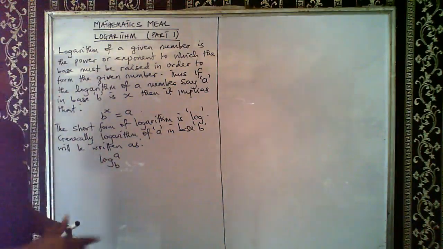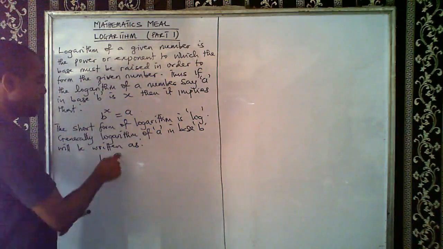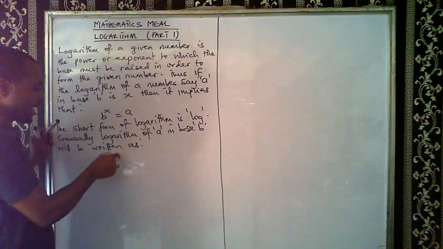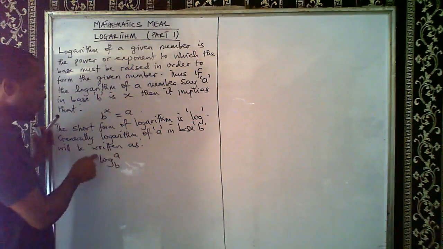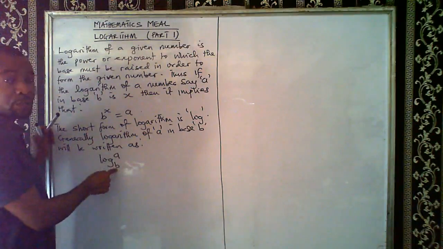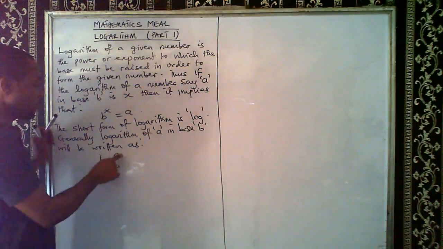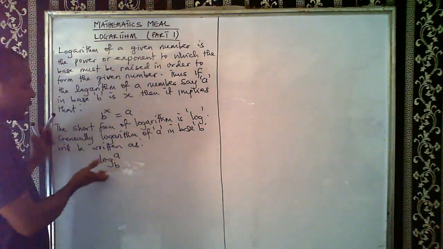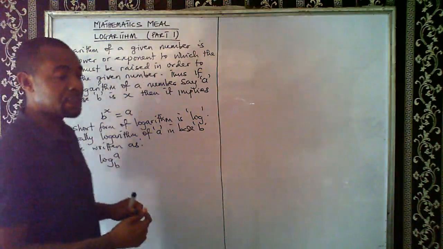So when we represent a logarithm, this is the number and this is the base. So logarithm of the number a in base b. This is the general way of representing logarithm.